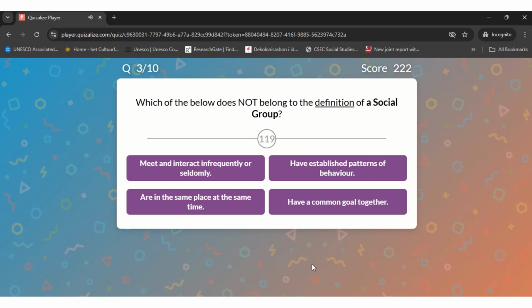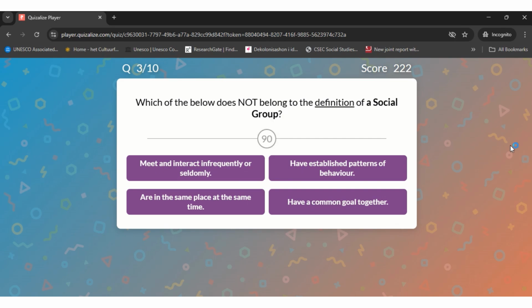The last one, as an example: which of the below, A, B, C, or D, does not, this word is very important, belong to the definition of a social group? Which one do you think is correct? Let's look at it.